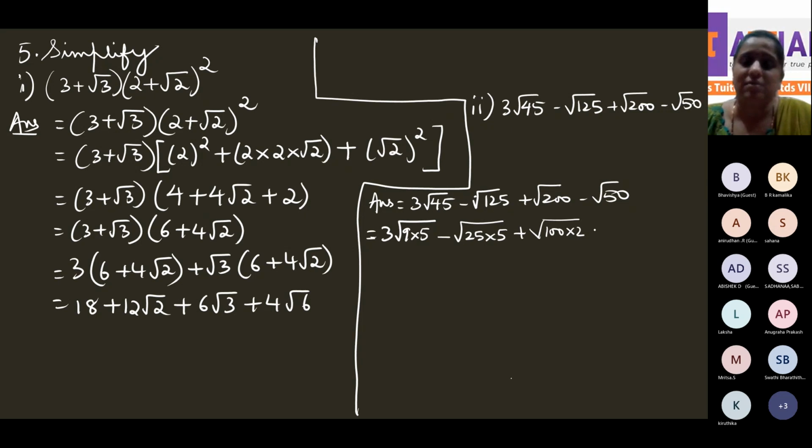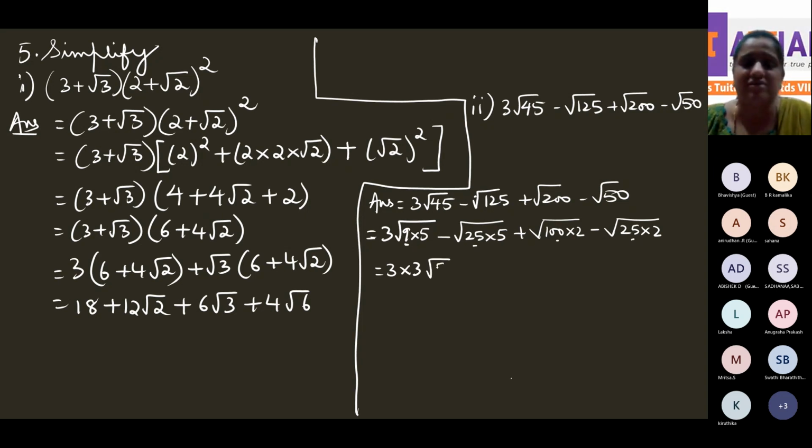So we're just writing the numbers under the square root as a product of a perfect square and another number. You can see here 9 is a perfect square, 25, 100 and 25. Now what happens? There's 3 outside. Now square root of 9, what is the square root of 9? 3. So it comes out of the square root. Now what remains under the square root?